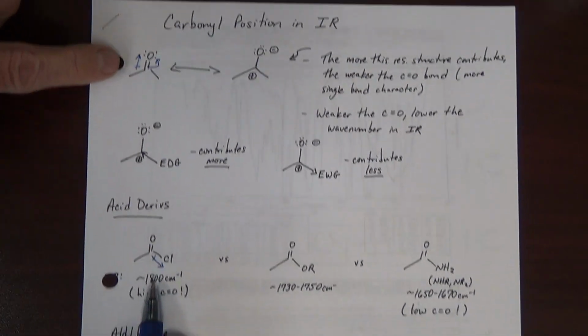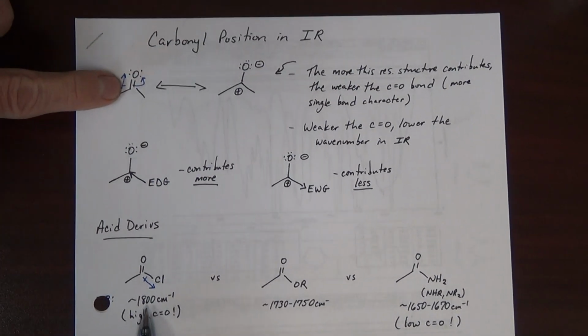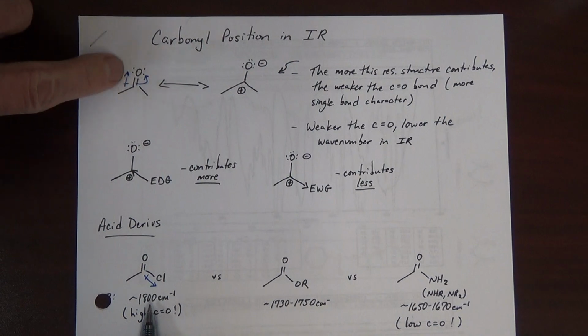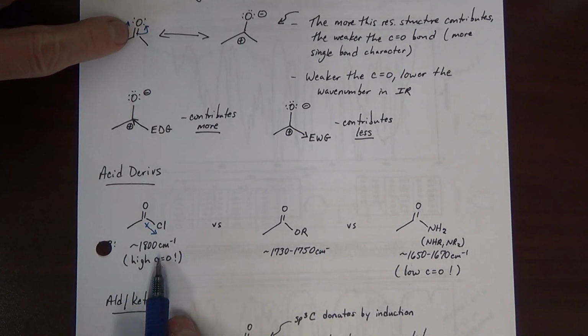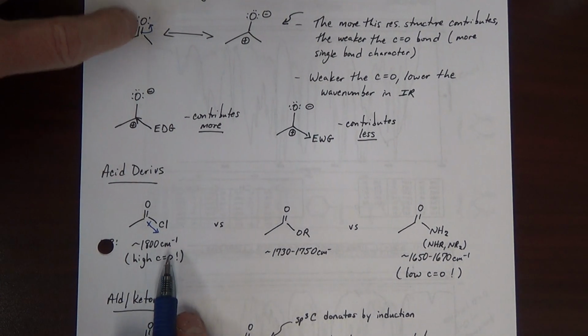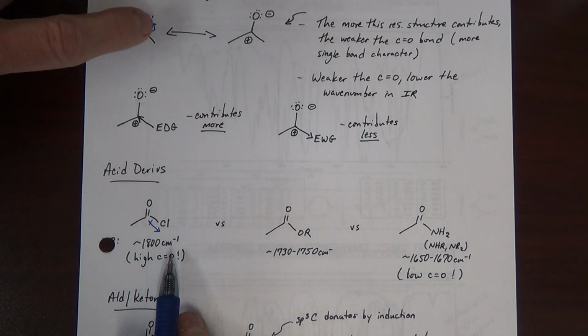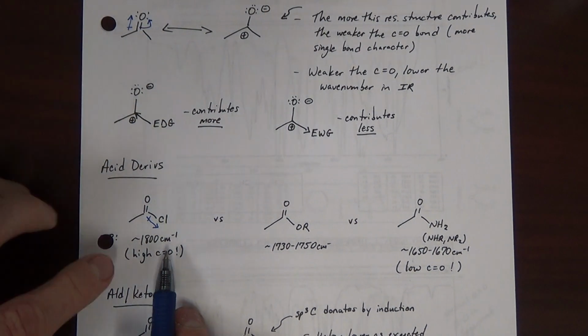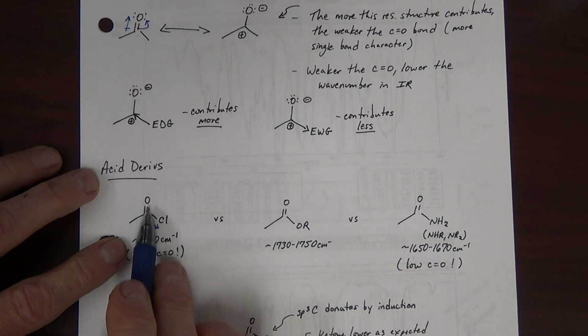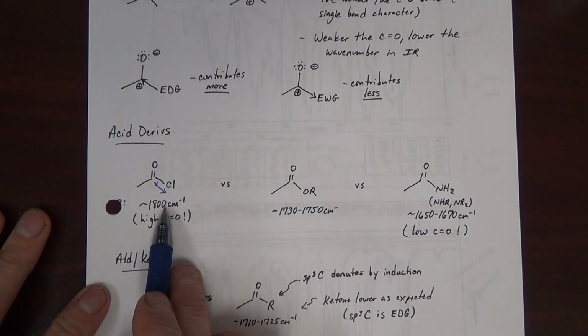So with the chlorine, you actually get more contribution for the full double bonded resonance structure, and this effectively makes the bonding between the C and the O stronger because there's more double bond character. Stronger bonding between the C and the O leads to a higher wave number.